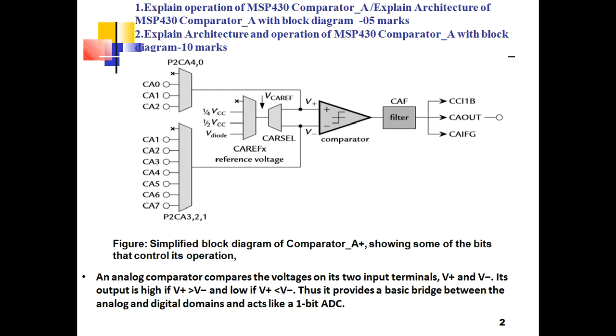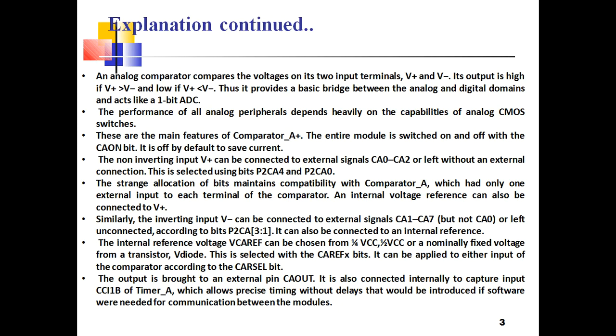You can see in the diagram different comparator inputs CA0, CA1, CA2, and for port P2, CA3. The comparator inputs are given to the V plus and V minus terminals. This provides a basic bridge between the analog and digital domains, and acts as a 1-bit ADC.